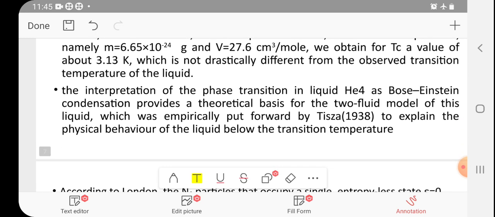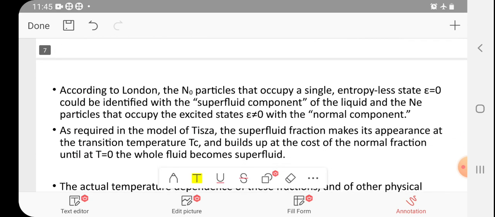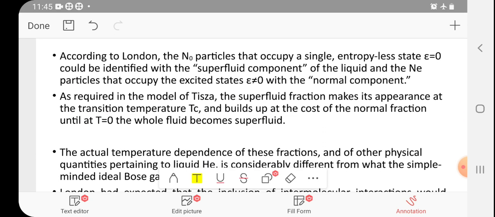The interpretation of the phase transition in liquid helium-4 as Bose-Einstein condensation provides a theoretical basis for the two-fluid model of this liquid, which was empirically put forward by Tisza to explain the physical behavior of the liquid below the transition temperature. According to London, the N0 particles that occupy a single and entropy-less state, epsilon equal to 0, could be identified with the superfluid component of the liquid, as we have learned in the Bose-Einstein condensation lecture.